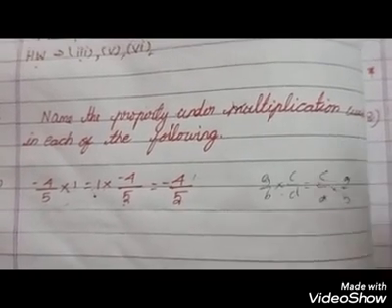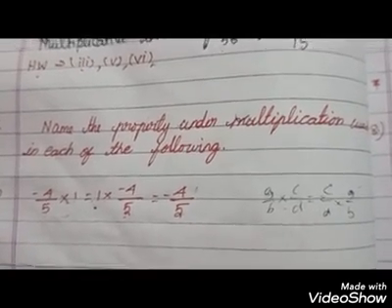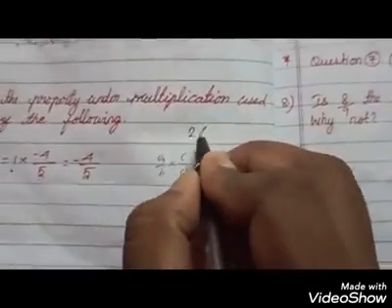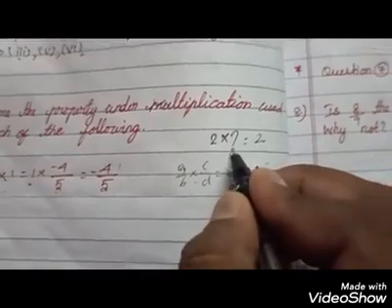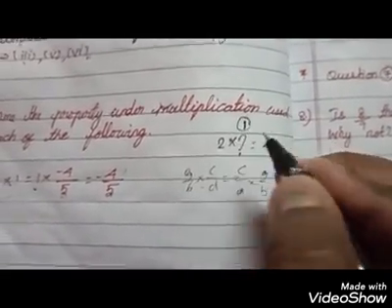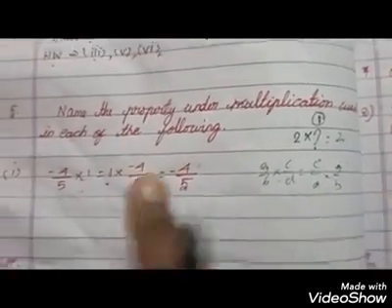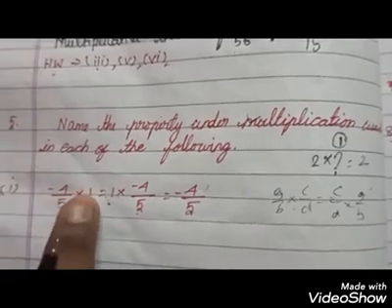For example, 2 can be multiplied with any number, but the result is 2. 2 into, you don't know the number, but the value is 2. So which number do you multiply with? This should be 1. So 1, we say it as the multiplicative identity. Here you have to see minus 4 by 5 into 1.